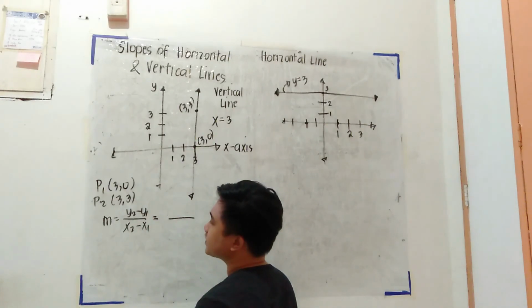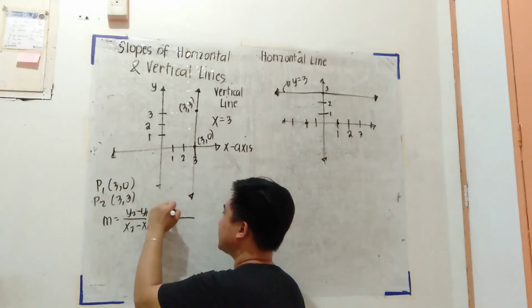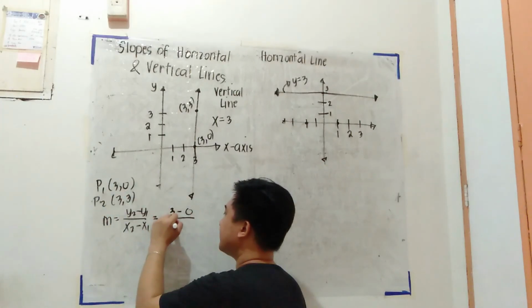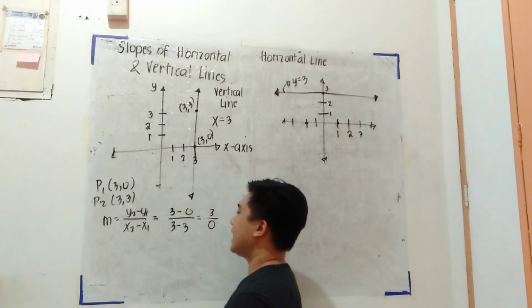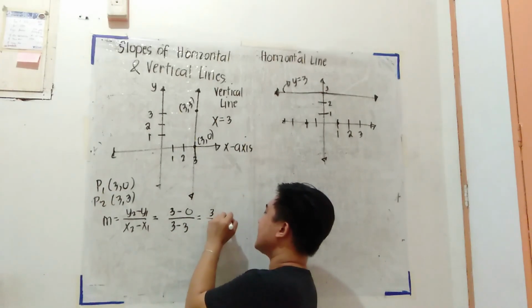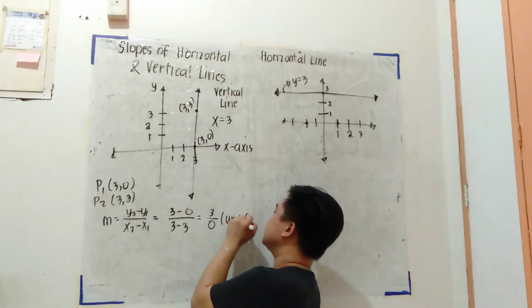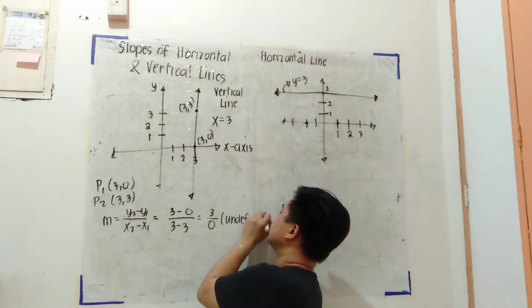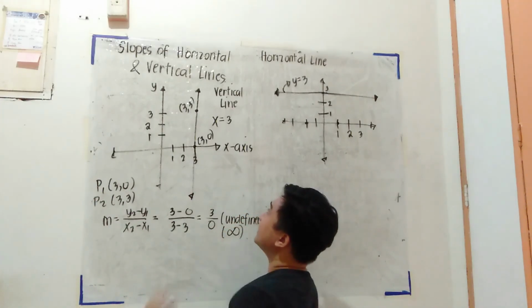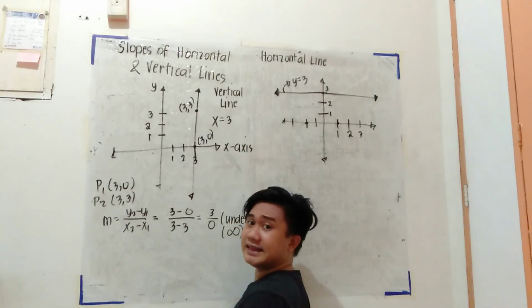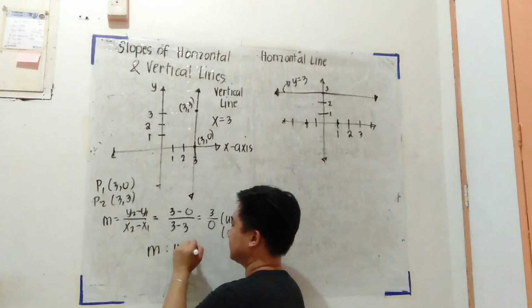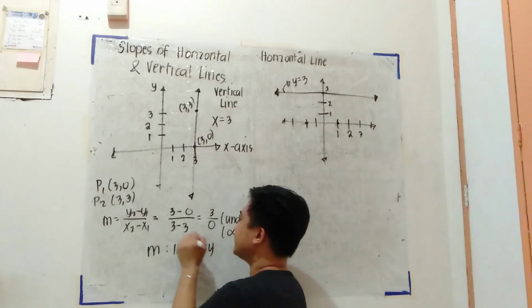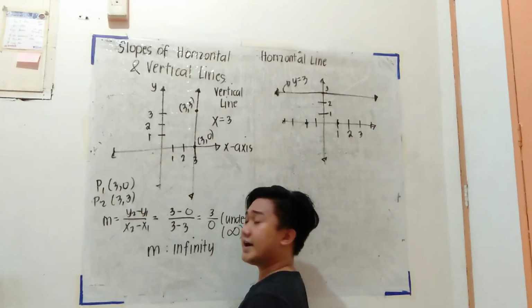So, 3 minus 0 all over 3 minus 3. So, this is equal to 3 over 0. At kapag ganyan po, that is undefined, or simply infinity. When you have a vertical line, its slope is infinity. Kapag wala sa choices yung infinity, you answer undefined.